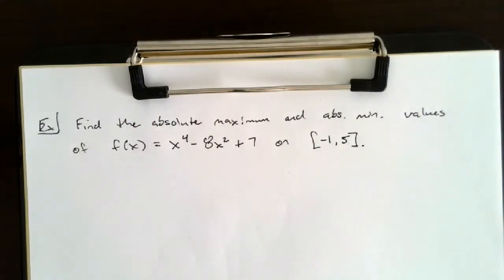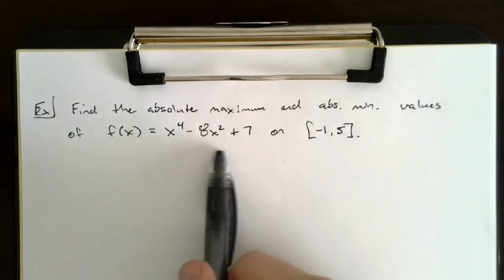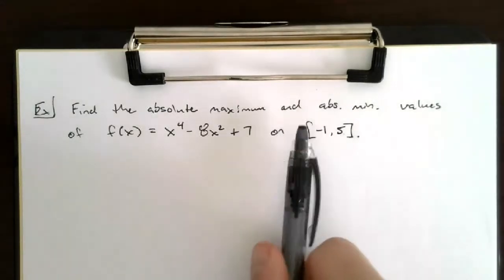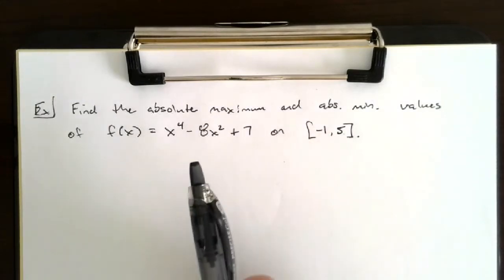So first off, we know the extreme value theorem applies. We have a continuous function. We know it's continuous because it's a polynomial, and it's on a closed interval because the endpoints are included on that interval. So what do we do first?